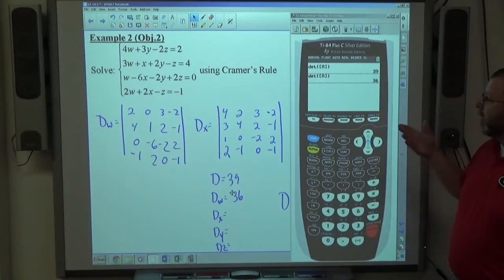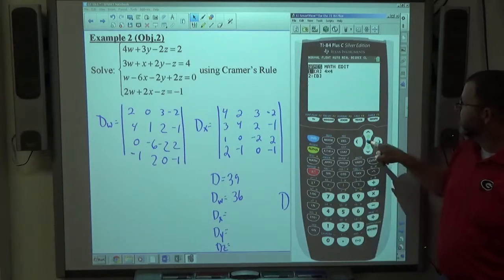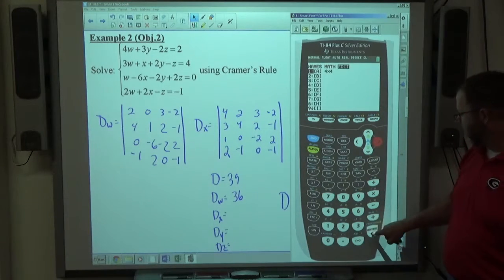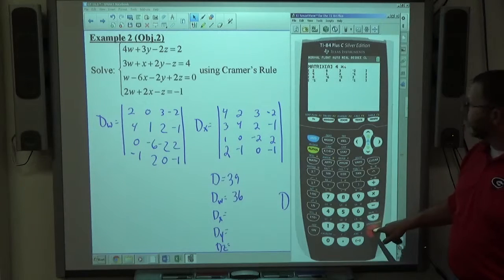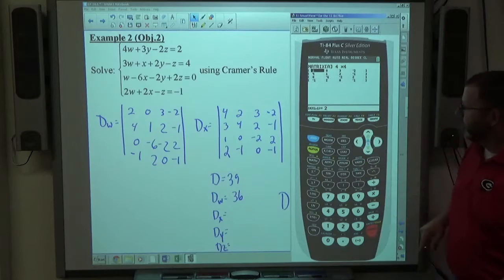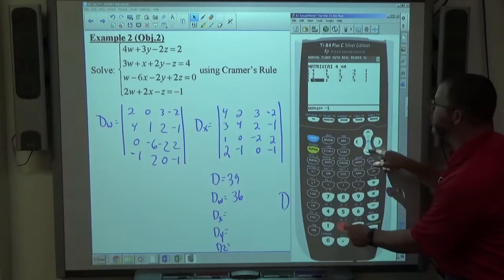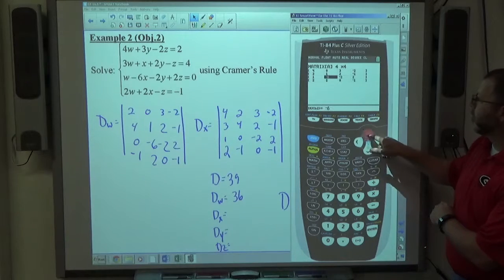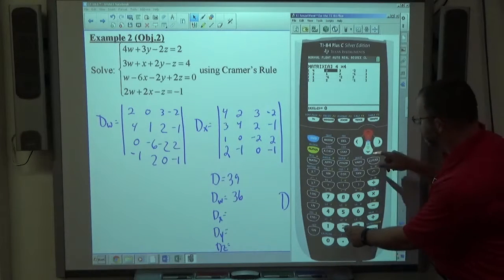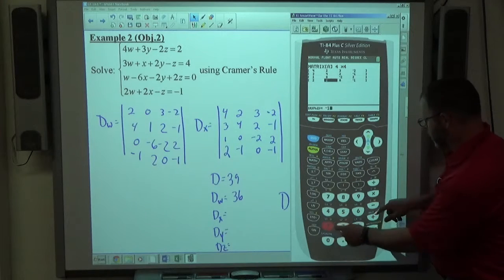Okay, now I want to go back and create this matrix, so I can hit second matrix, scoot over to edit, hit enter, keep it a 4 by 4, enter, enter. Now I'm down here, I've got my values. I want to change this row back to 4, 3, 1, 2, so 4, down, 3, down, 1, down, 2, down. Cursor over, up, up, up, and then I'm going to type 2, 4, 0, negative 1.